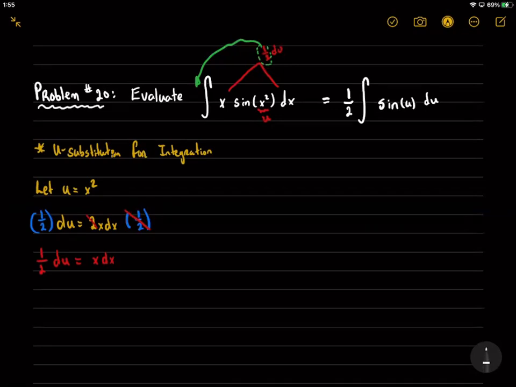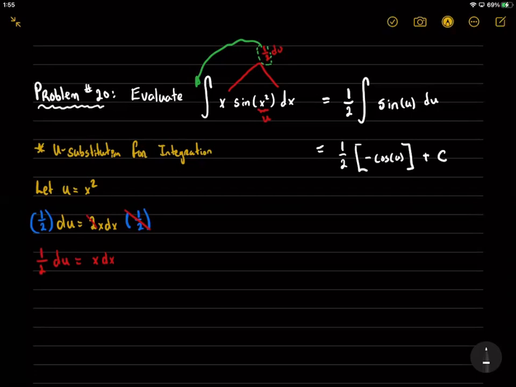We know that the antiderivative of sine of u is negative cosine of u. So we will have the following answer. We have 1/2 times the antiderivative of sine of u, which is negative cosine of u, plus our arbitrary constant, which is c. And you replace the u now with what we had originally, right?